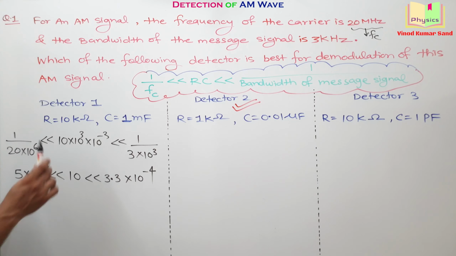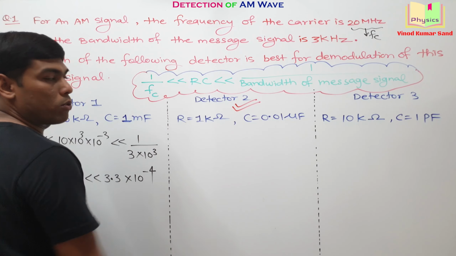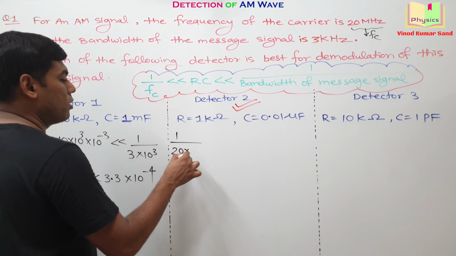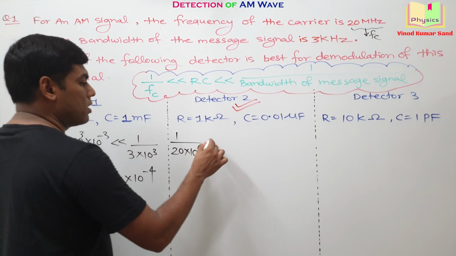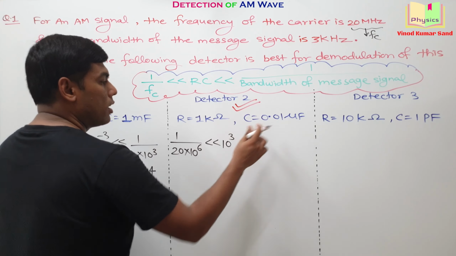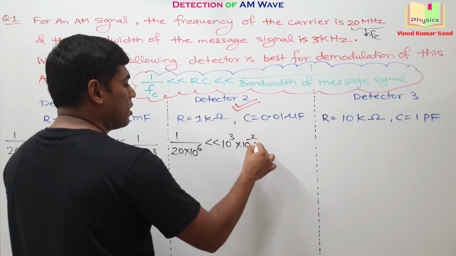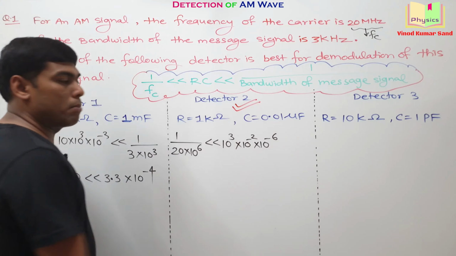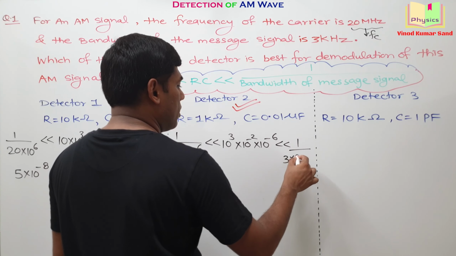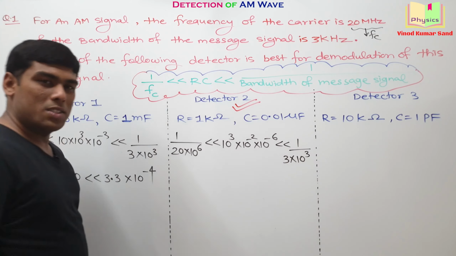Fine then. Now doing the calculation for the second detector, 1 by 20 into 10 to power 6 should be much less than 10 to power 3 into 10 to power minus 2 into 10 to power minus 6, which should be much less than 1 by 3 into 10 to power 3. Simple mathematics.